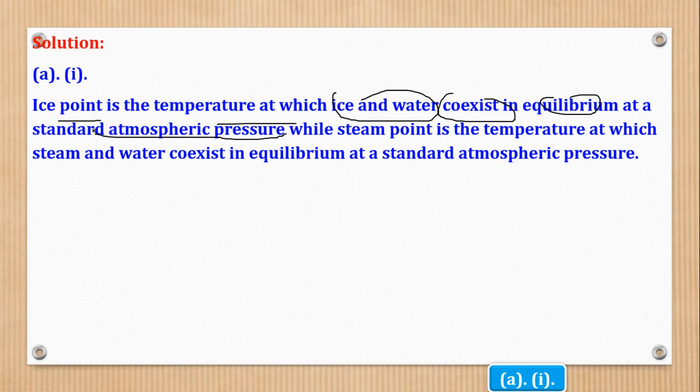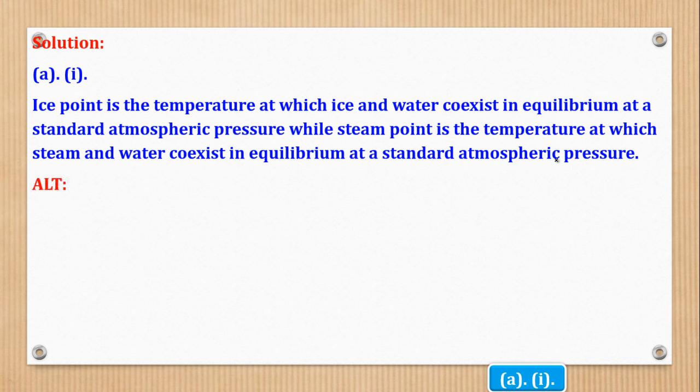So don't forget this word. While steam point is the temperature at which steam and water coexist in equilibrium at a standard atmospheric pressure. So that is the standard definition of this difference.